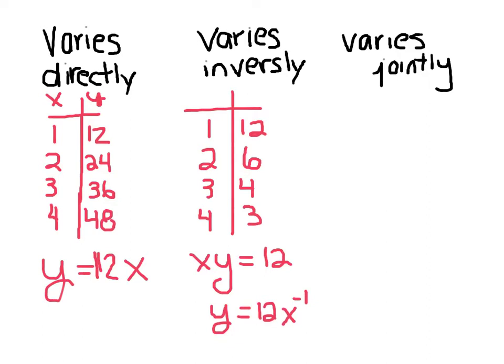So in this function, it's considered a power function because I've got this power of x and nothing's added, but it varies inversely because they multiply to the same number. It varies directly is multiplied by the same number. Varies inversely as they multiply to the same number.